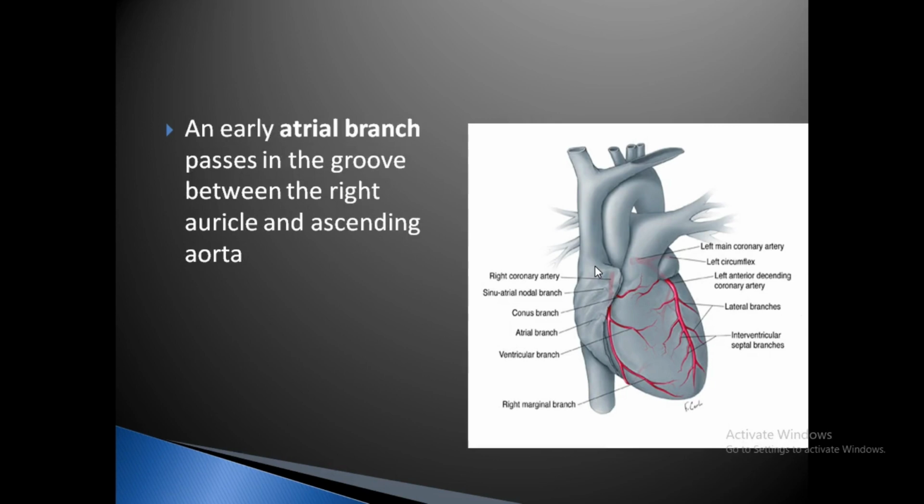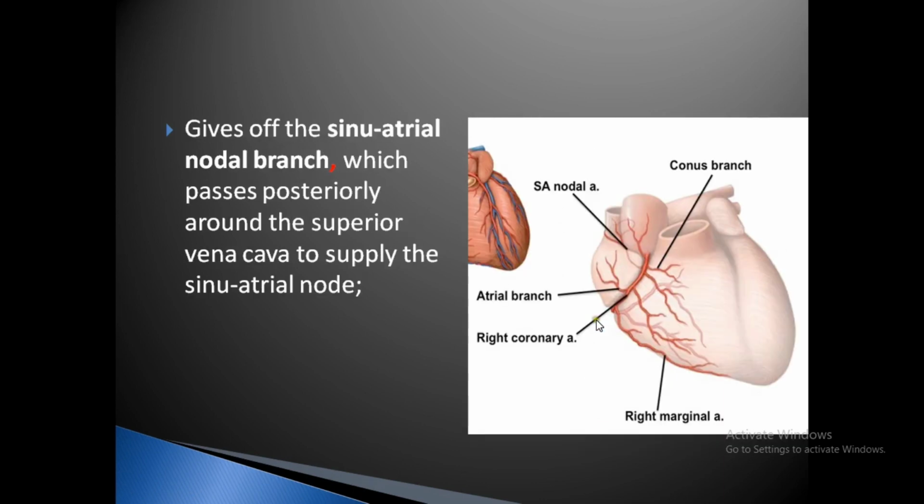Now if we discuss its branches, the first branch of the right coronary artery is the atrial branch. If you could see in the picture, this is the atrial branch. It passes in the groove between the right auricle and the ascending aorta.